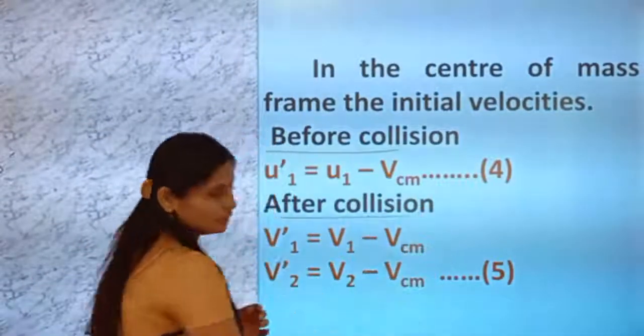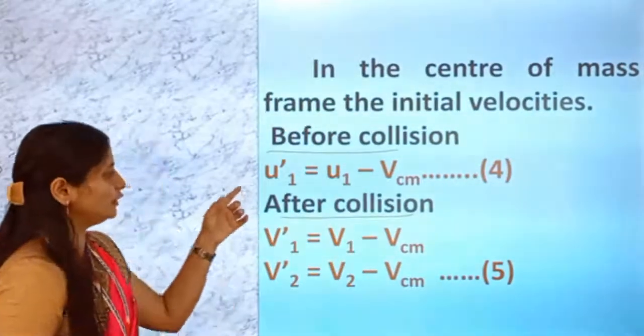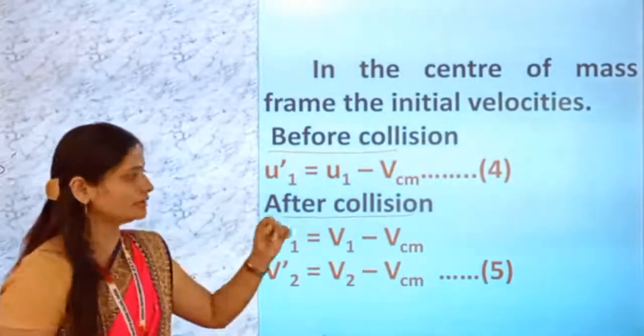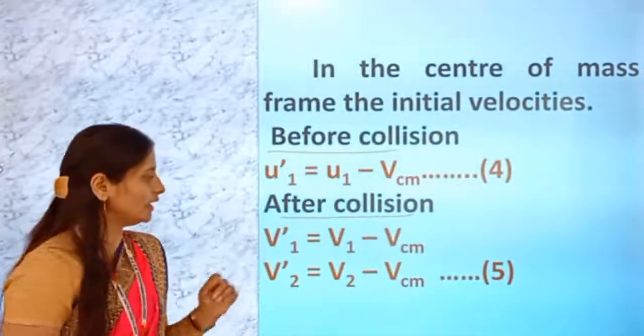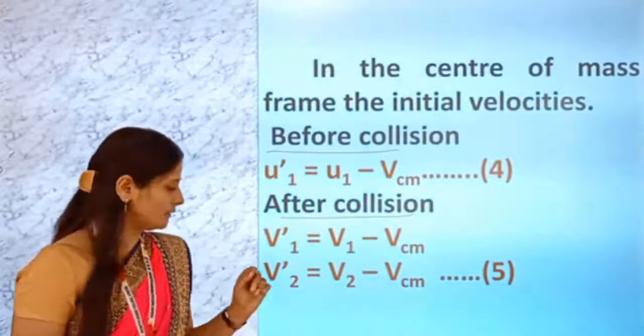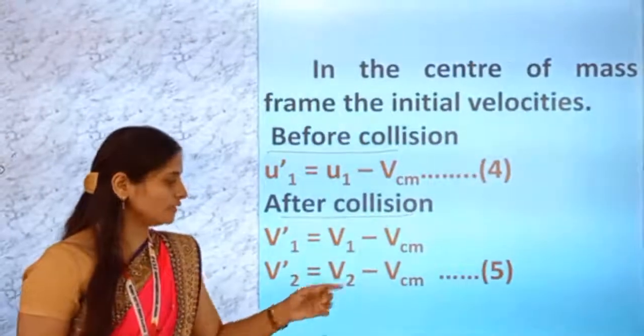after collision. Okay, so for the center of mass before collision, u1 dash equals u1 minus VCM, that is called equation number 4. And after collision, v1 dash equals v1 minus VCM, and v2 dash equals v2 minus VCM.